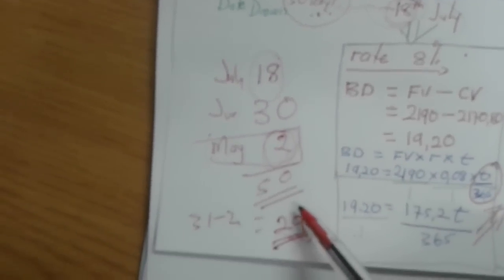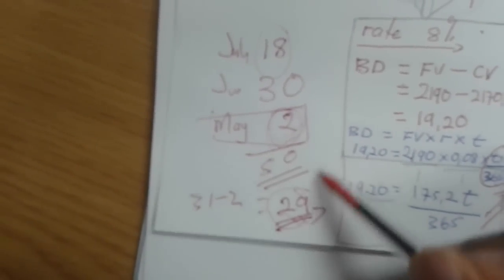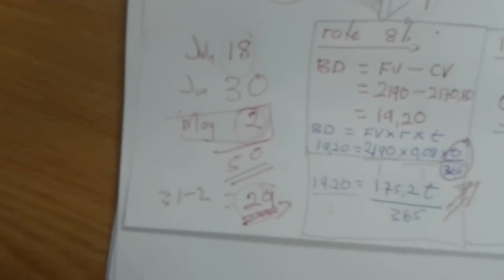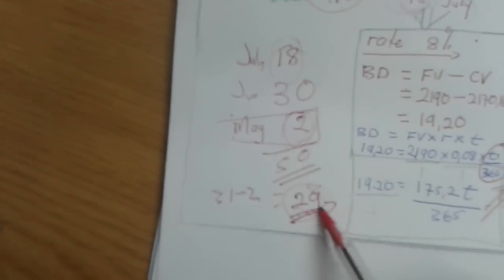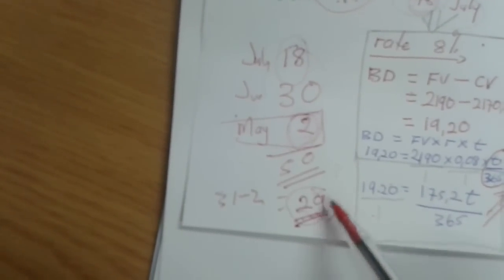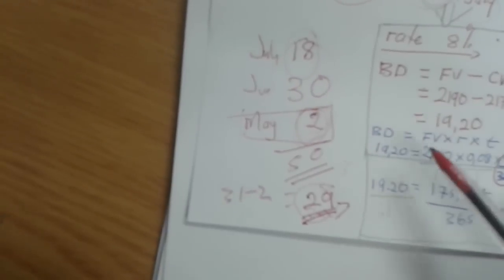So that means your date drawn is 29. Because if you now say 31 minus 29, it gives you 2 days in May. So it's 48 here, but we want to get to 50, so you add 2. That means the date drawn is 29. So if this was 3, it would be 31 minus 3, which is 28.